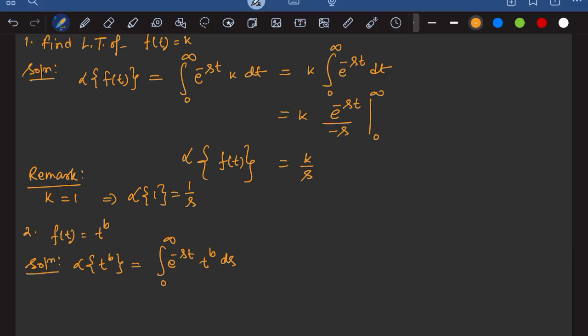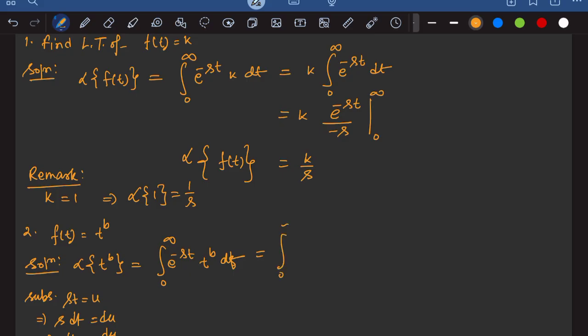So here this is an improper integral, so one can substitute st equals u. So here obviously dt is present. Here s dt is du, so dt is du by s.